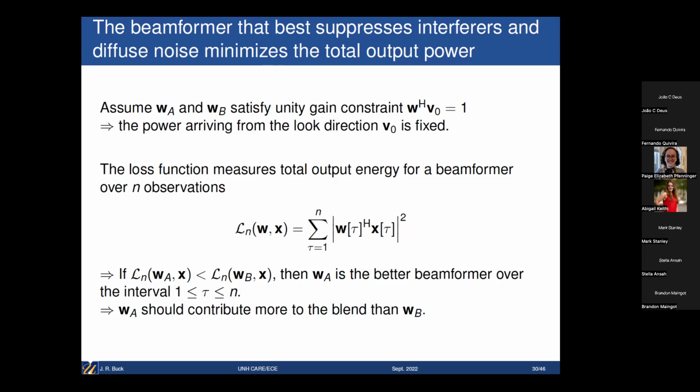So if I look at those two beamformers, I look at the total output power, that's the weights times the data, magnitude squared, averaged over time. If this beamformer has less power than that one, that means I should be weighting it more in my blend. I should be paying more attention to it. Again, the analogy came from the prediction stuff.